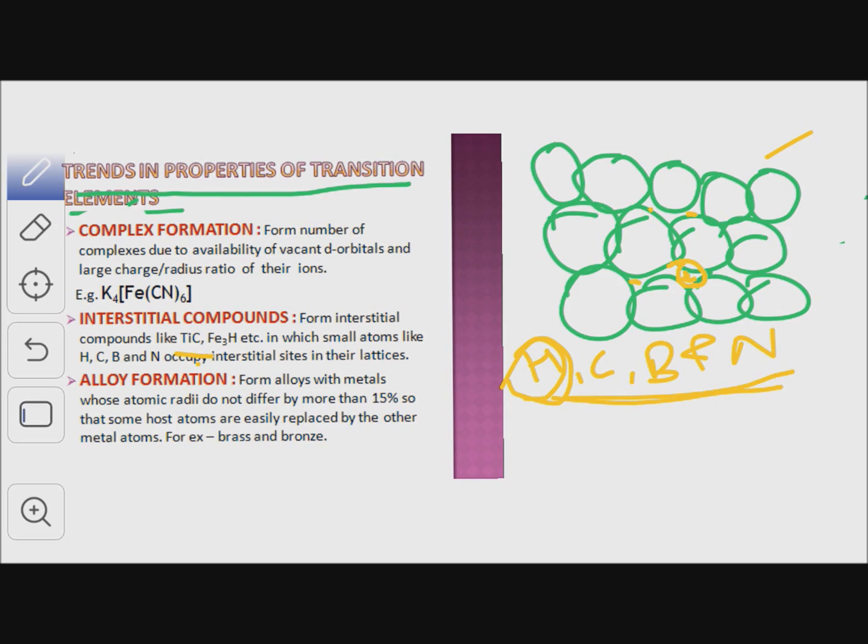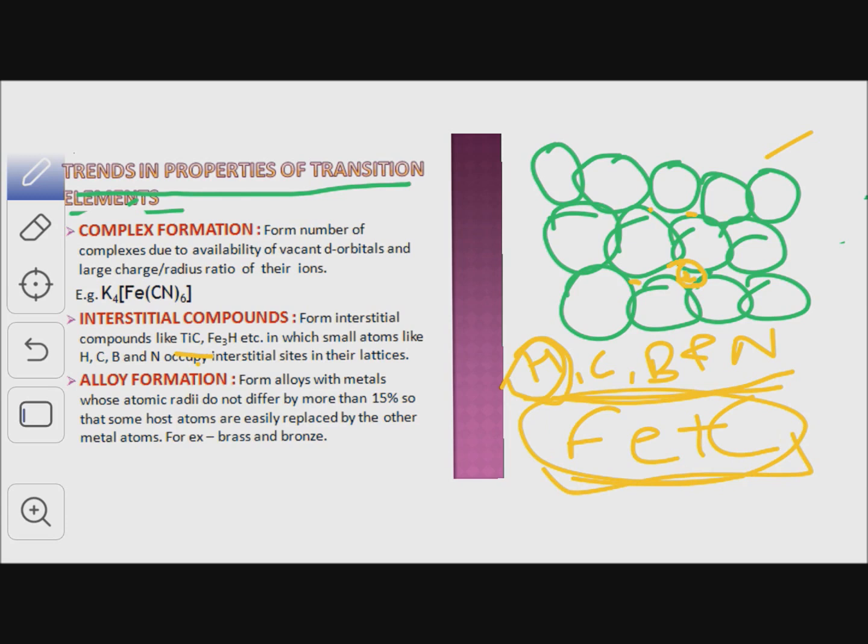For example, in the case of stainless steel, iron forms an interstitial compound with carbon. This is the composition of steel, and the compound is called an interstitial compound.